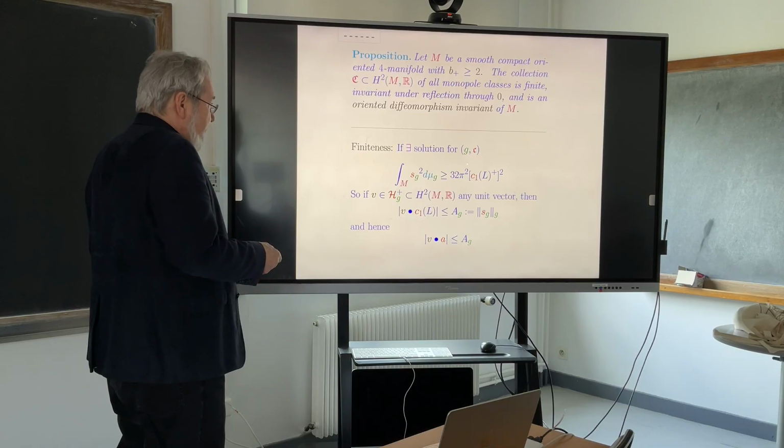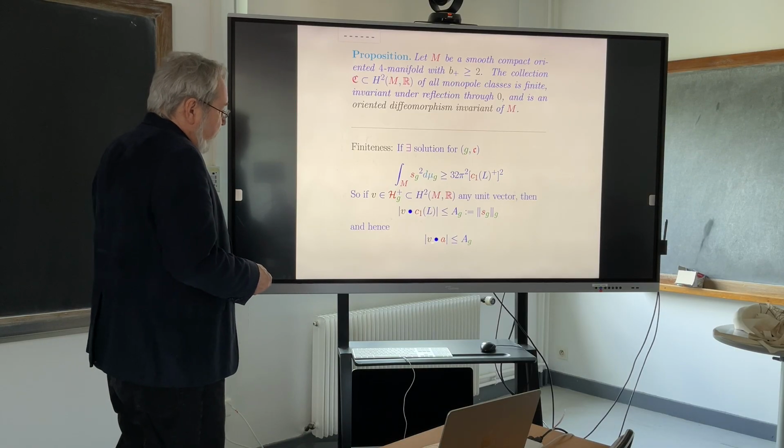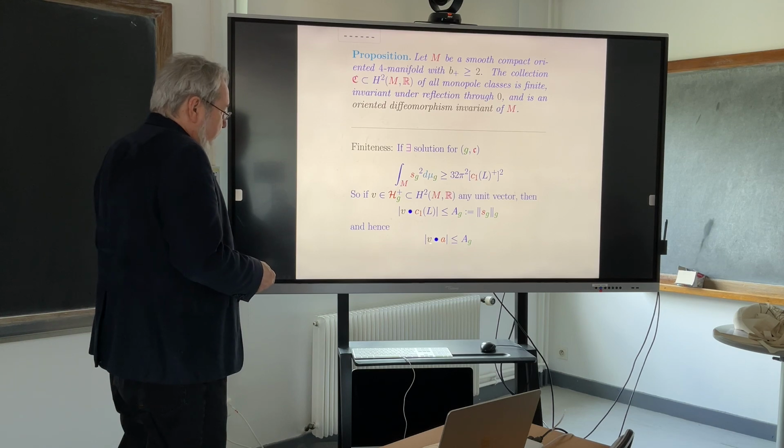So if A is of the form C1 of L, then here we can think of this as just the cup product of V and A, because that will only see the self-dual part, since V is self-dual with respect to g.